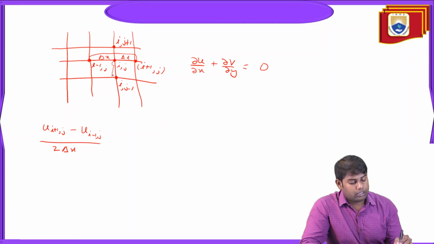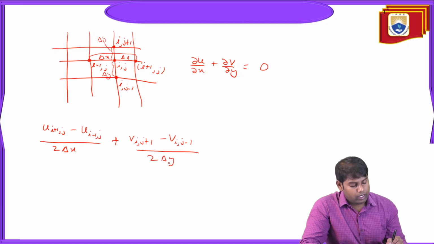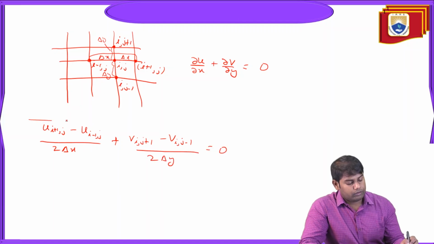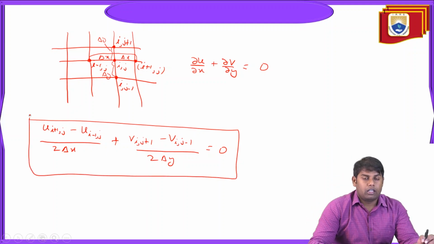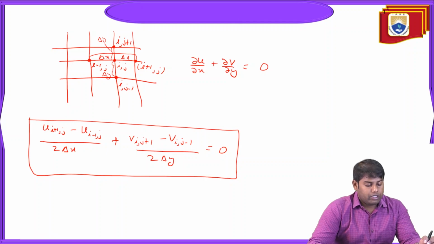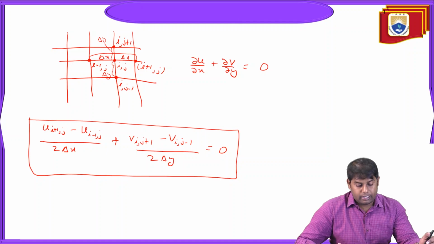Similarly, you take the stencil size of this one, delta y, so that would be 2 delta y, plus v of I comma j plus 1 minus v of I comma j minus 1 divided by 2 delta y is equal to 0. So this is the equation which we have for the 2D continuity equation in terms of central difference.